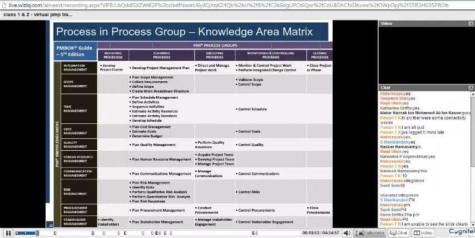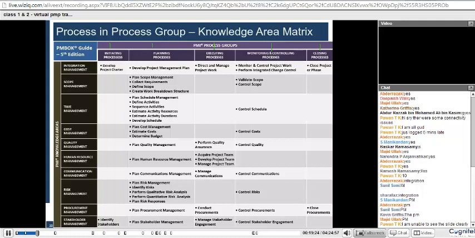And on the left hand side, you see the knowledge areas. Because there are lots of things on this slide, if you're watching this on a smaller screen, maybe it's not very clear. But you will receive this card in the ebook, so don't worry about it.